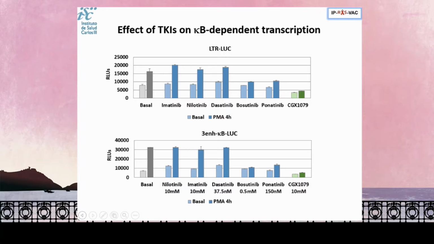We transfected them with a luciferase expression vector under the control of the LTR promoter of HIV-1 or 3 consensus sites kappa B. And we observed that only bosutinib and ponatinib were able to interfere with the transcription, but not imatinib, nilotinib, or dasatinib, which were not able to produce any effect at this point.